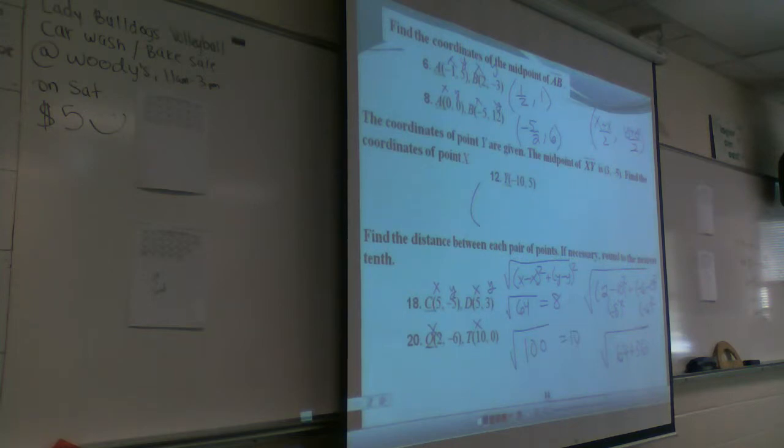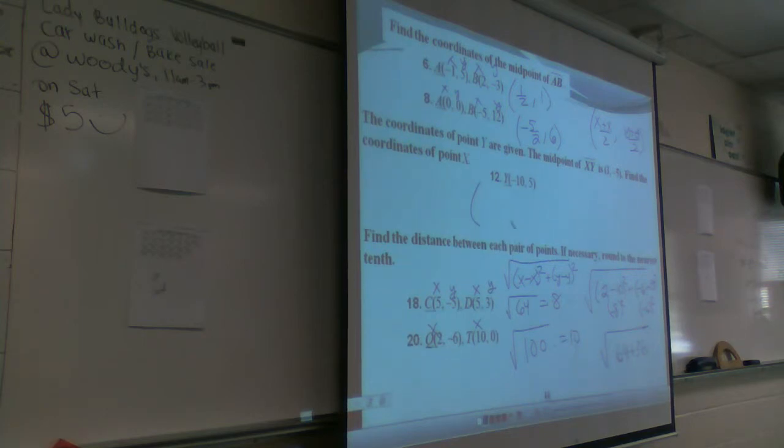Like you took the square root of 64 and then 100, you add those two? These two right here? Like two separate problems. Oh, okay, that's right. That was 18.